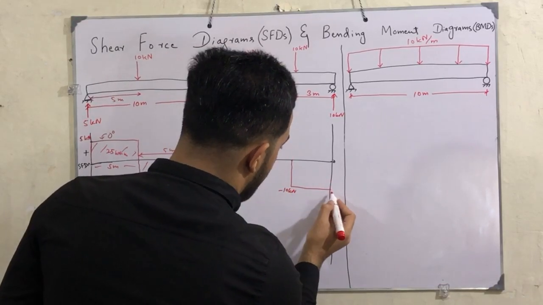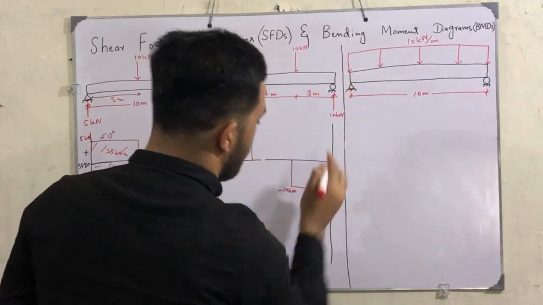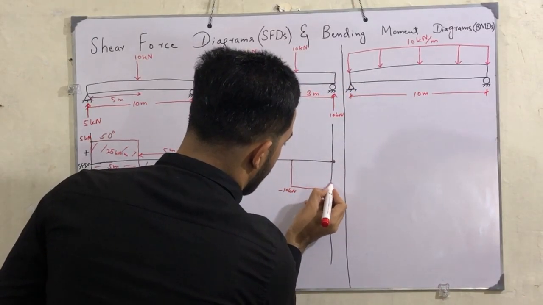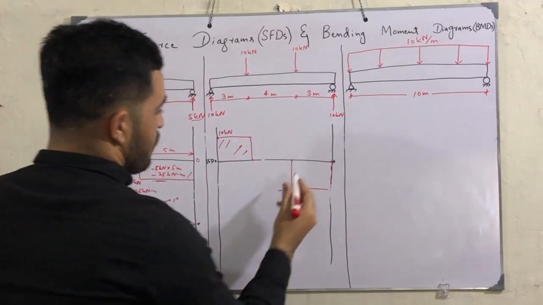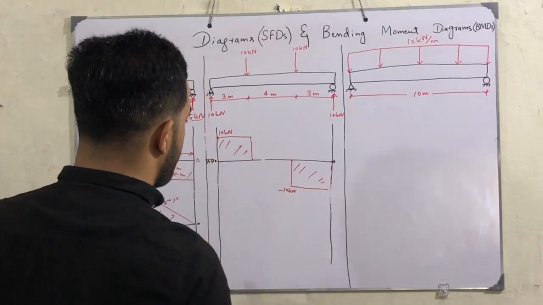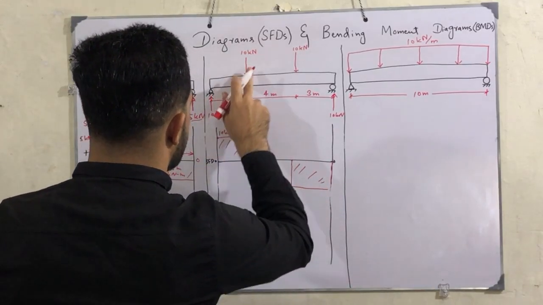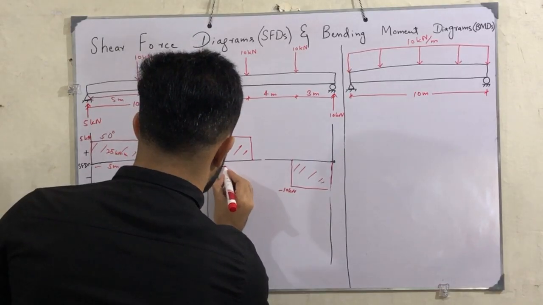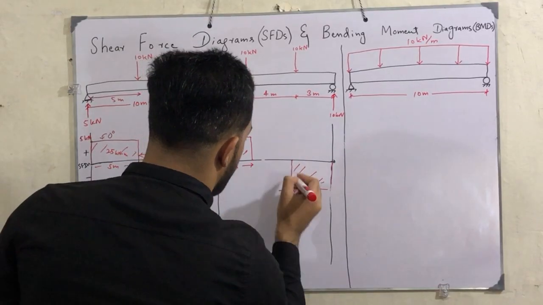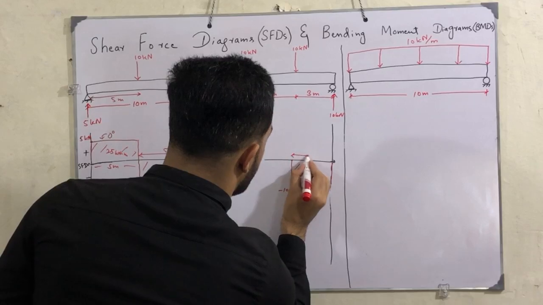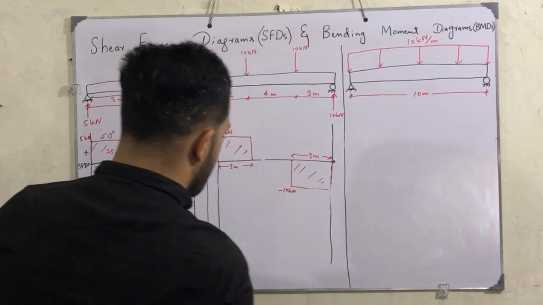And again, when it is here, 10 kilonewton will go upward, and it will become 0. So this is the shear force diagram over here. As you can see, this distance is 3 meter, 3 meter, and this distance is also 3 meter.